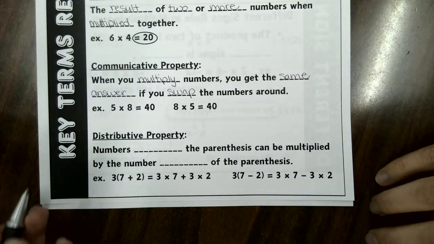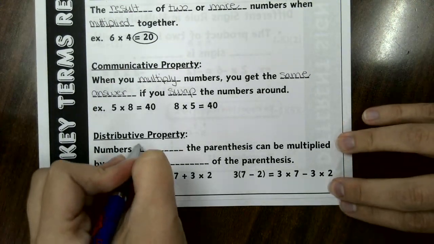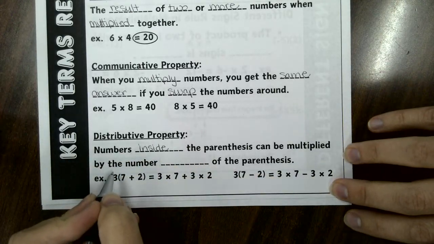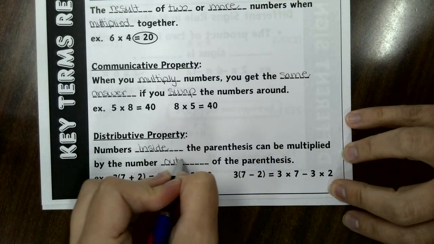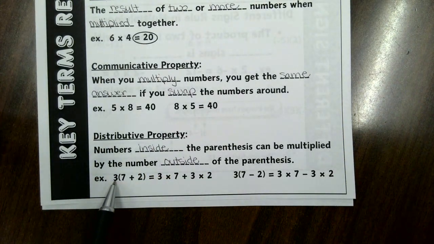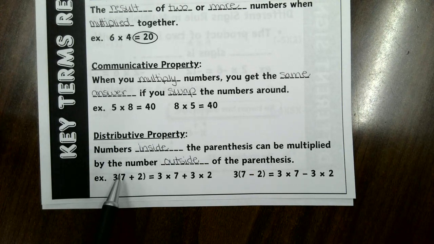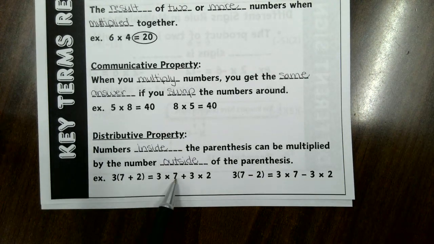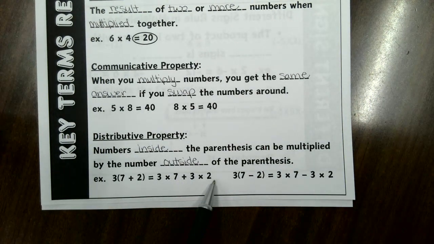And distributive property means the numbers inside the parentheses can be multiplied by the number outside of the parentheses. So if I had 3 times 7 plus 2, I could rewrite it as 3 times 7 plus 3 times 2.